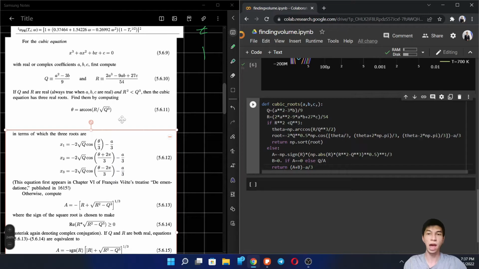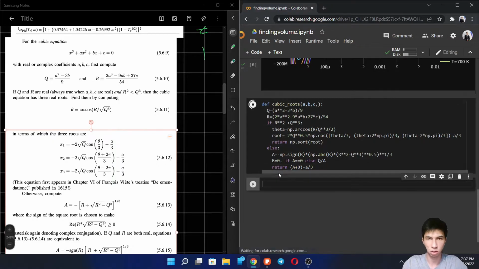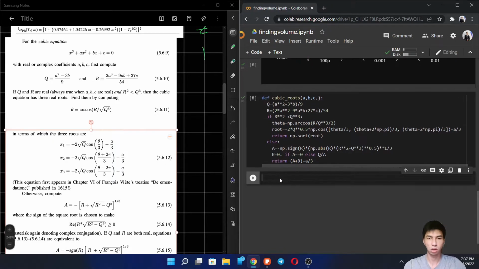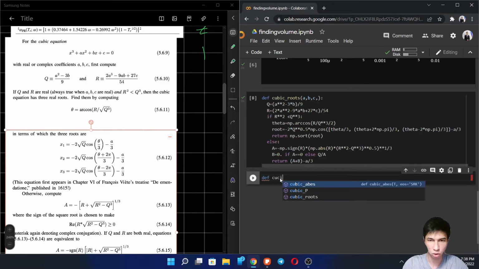So this is our function for solving the cubic equation. But as we have our cubic equation in terms of z, we have to set up another function that would determine the value for the specific volume using the value of z. So let's just run it. So let's just define another function. It's going to be cubic volume.